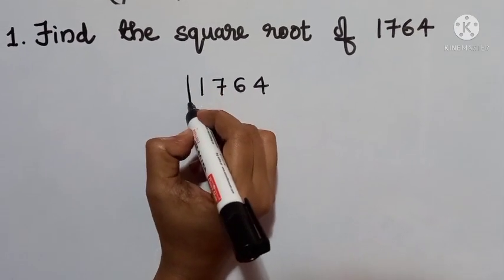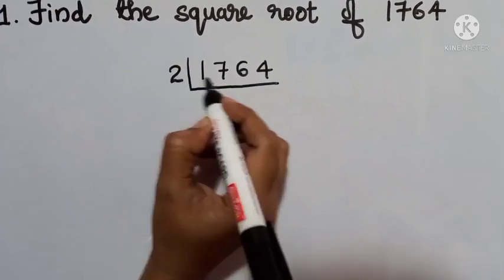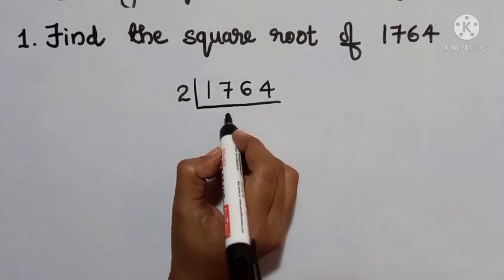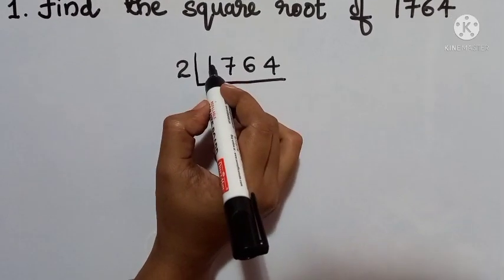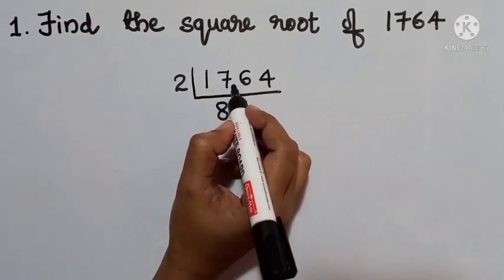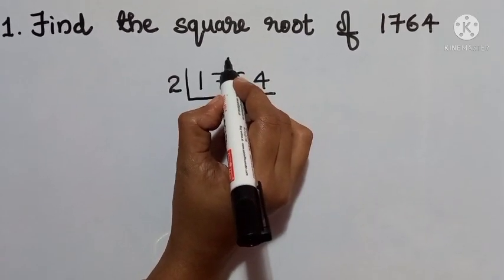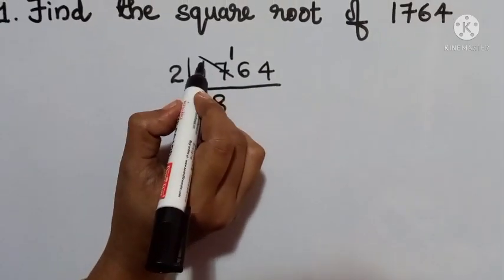We are dividing it by 2, and here we can write the 2, and first we have to consider this 17. We know 8 times 2 is there, and we are getting the remainder 1. 17 minus 2 into 8 is 16. 17 minus 16, the remainder we are getting is 1, that we have to write here, and we can cancel this 17 now.